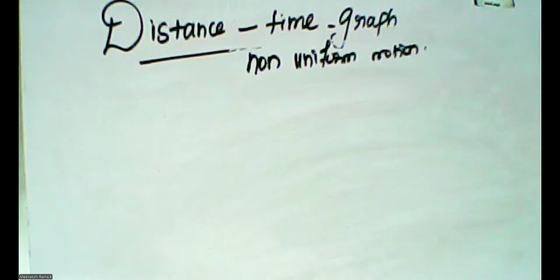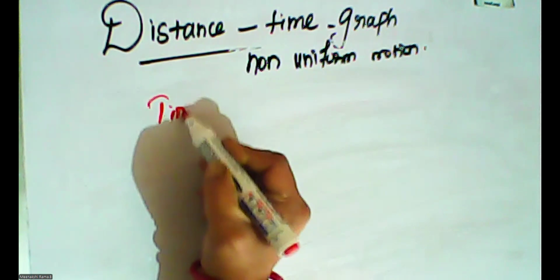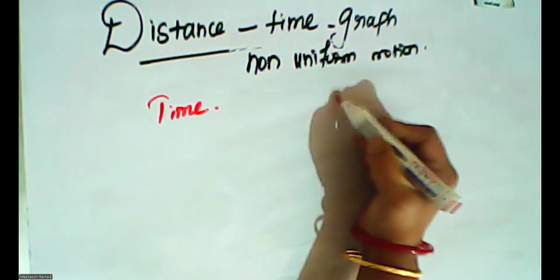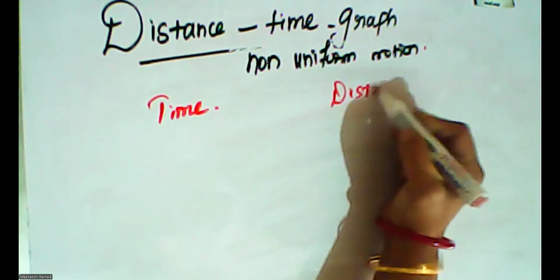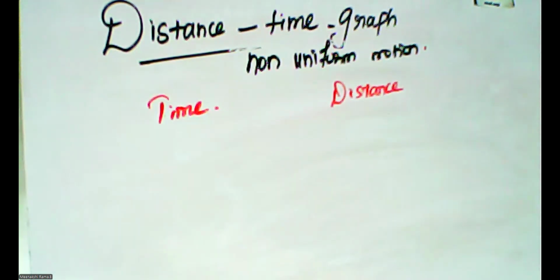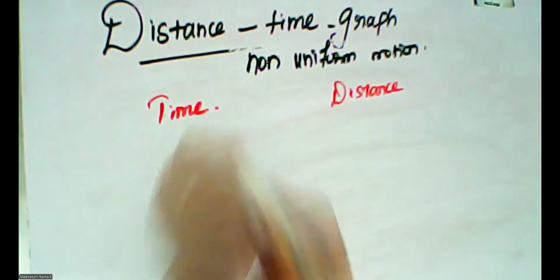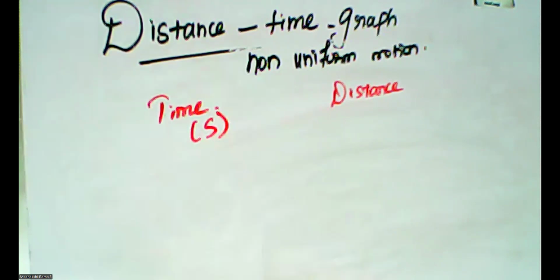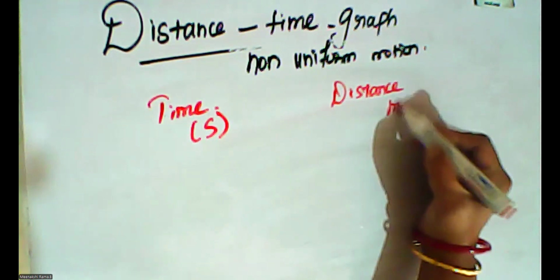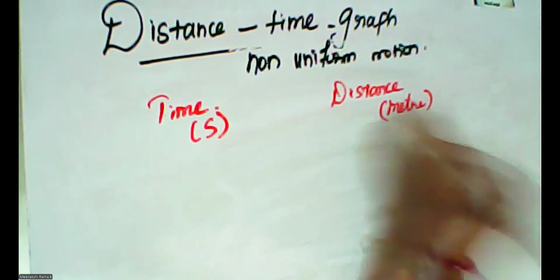In this graph, we are taking a vehicle or car. First we write the data, time and distance. We need these two. Time in seconds because this is a car, and distance in meters.